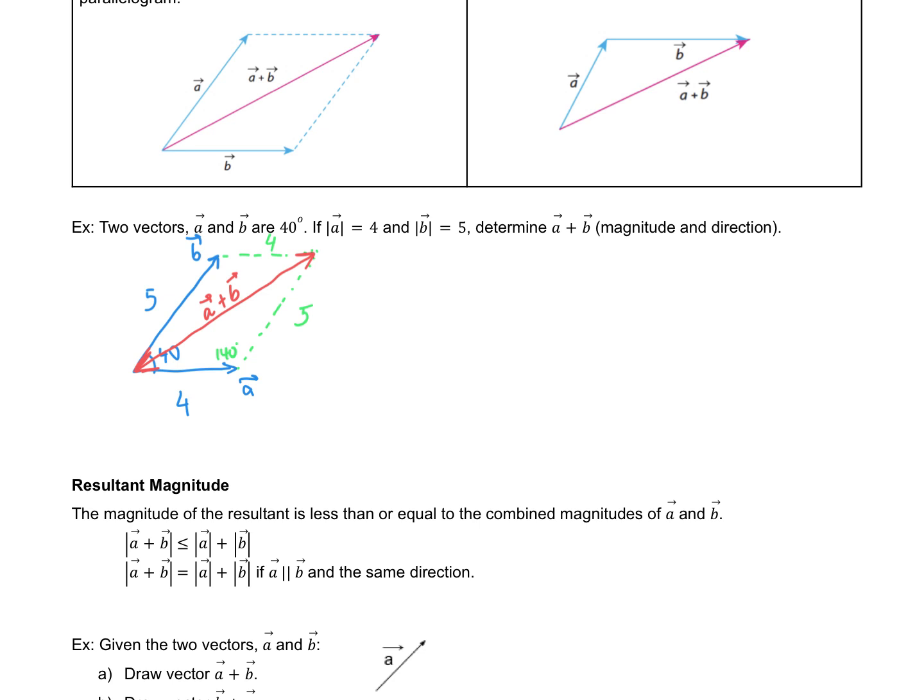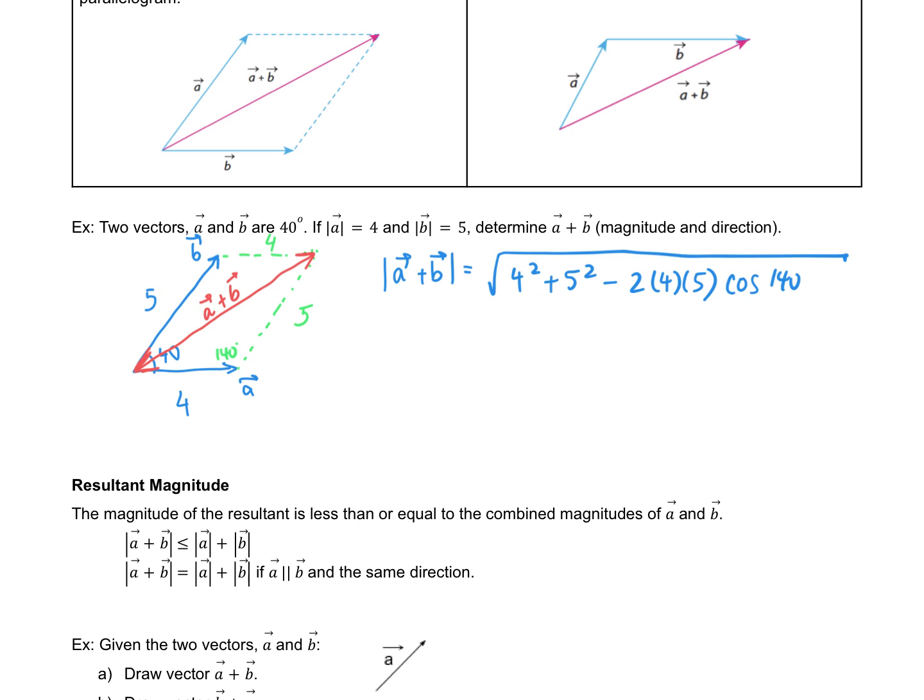And now we have the perfect scenario to do a cosine law because we have two sides and the contained angle to find the magnitude of vector A plus B. So my magnitude is going to be, and normally it would be c squared, but I'm just going to go straight to square rooting the two sides squared minus double the two sides and cos of the contained angle.